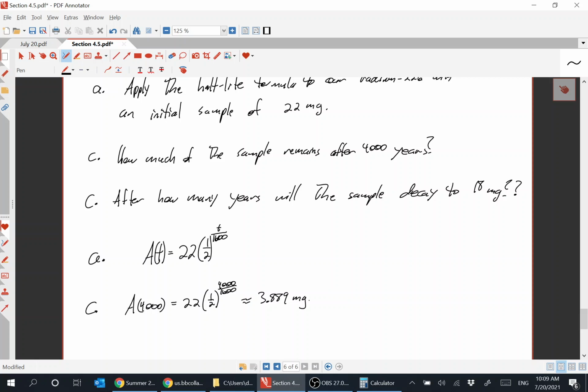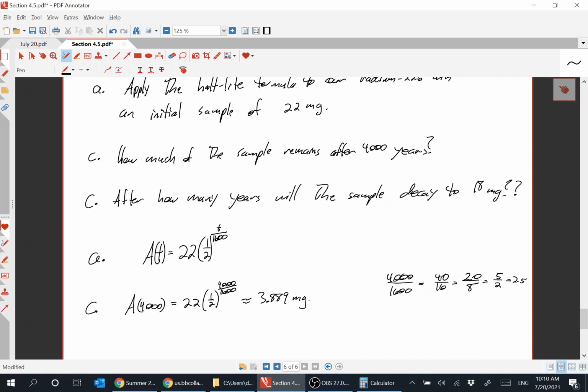Does that answer make sense? How many half-life periods is 4,000 years, approximately? Each half-life period is 1,600 years, so this is 40 over 16, which is 5 over 2, or 2.5 half-life periods.